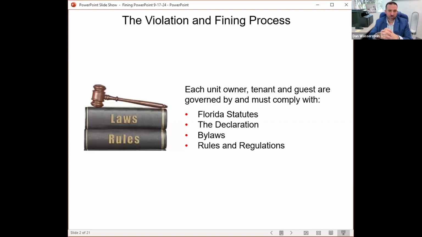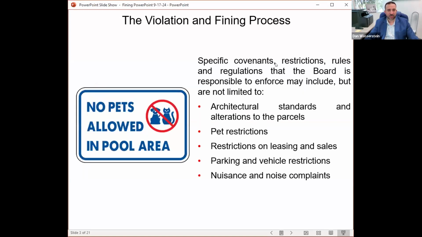I don't put the articles on this list because generally they don't really have guidelines for the behavior of your residents or guests. So we generally don't put that on the list here because the articles are usually just explaining how the corporation was originally set up. These are the main sets of laws that govern the behavior of people within your community. So that's what's important, that you're making sure there's compliance with.